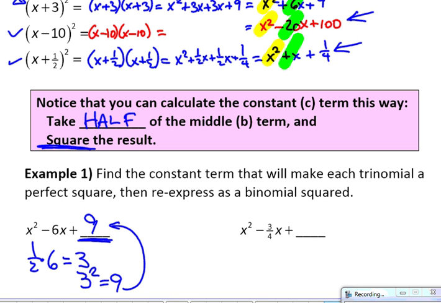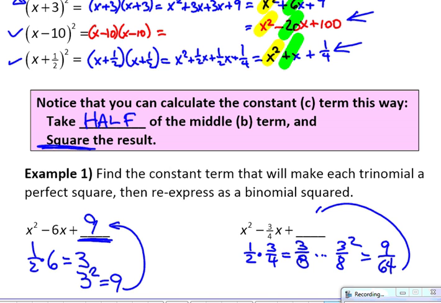When I rewrite that, I'll rewrite it in just a minute. x squared minus 3/4 x plus what? Again, I'm going to take half of 3/4. So half of 3/4 is equal to 3/8. Then I'm going to take 3/8 and square it, and I'm going to come up with 9 over 64. And that's what I'm going to put in this spot right here.